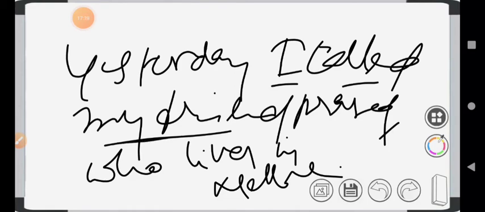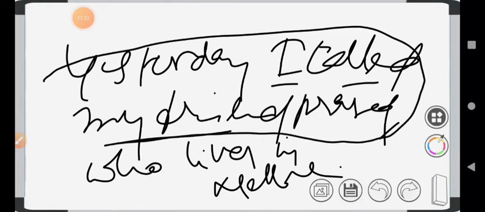The information is already given. Whom did I call? My friend Prasad. We have understood the sentence. But the additional information tells about the object. I called my friend. It is the object of the sentence.